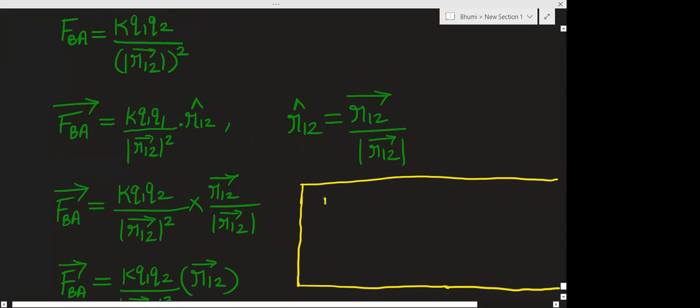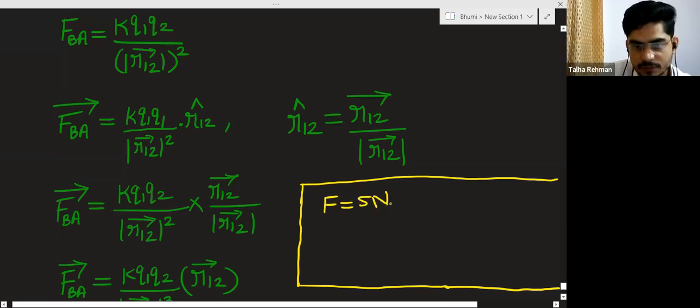Suppose we have a force of 5 Newton, and we have a unit vector in the direction of this force, represented like this as 3 i cap.